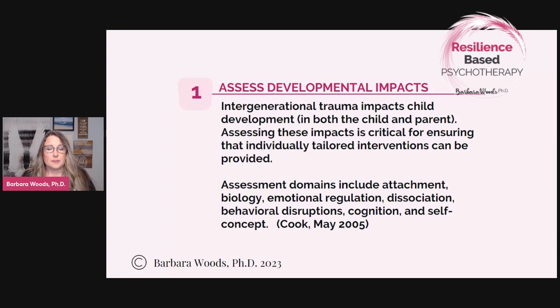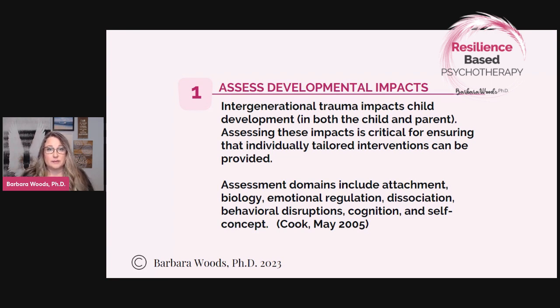So the first step is to assess developmental impacts because it affects both the parent and the child. If the parent experienced trauma themselves when they were growing up, they will potentially have some developmental impacts.